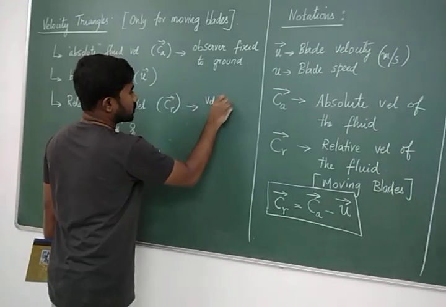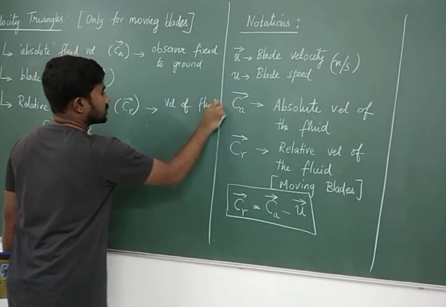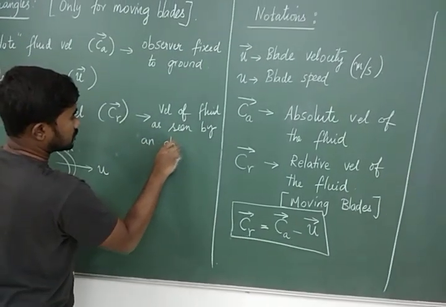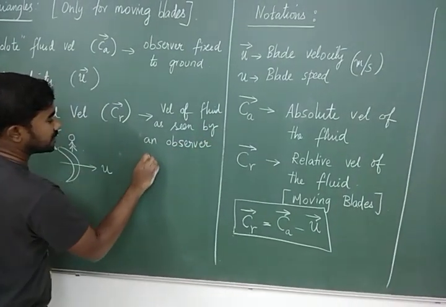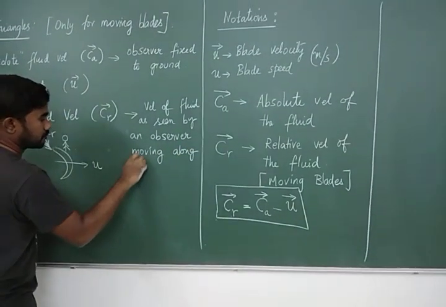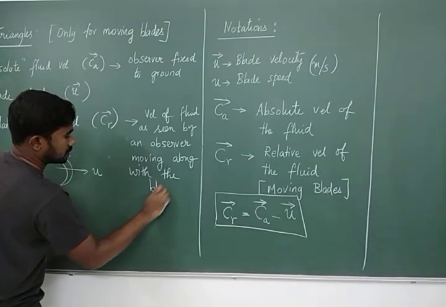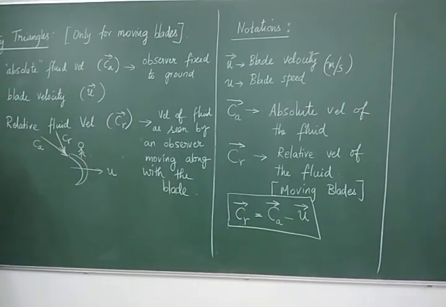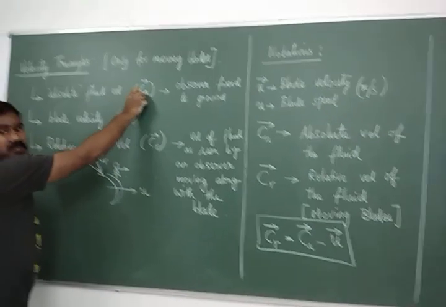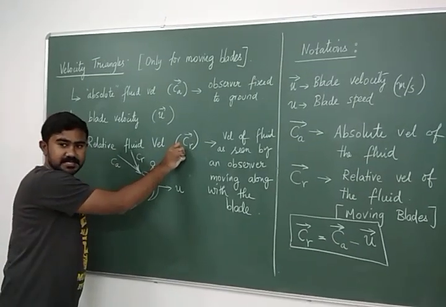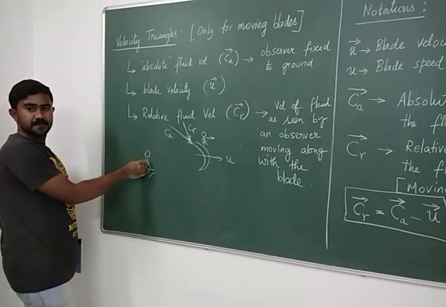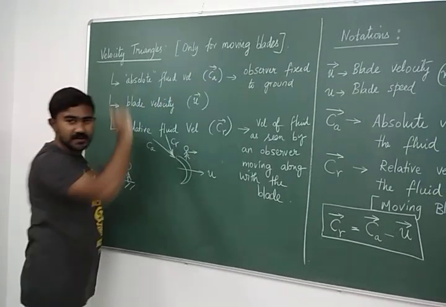It is the velocity of fluid as seen by an observer moving along with the blade. If the observer is also moving along with the blade, he is going to see the fluid not at this velocity, but at CR. If there is an observer sitting on the ground, the first observer, he will see the fluid going at a velocity of CA.